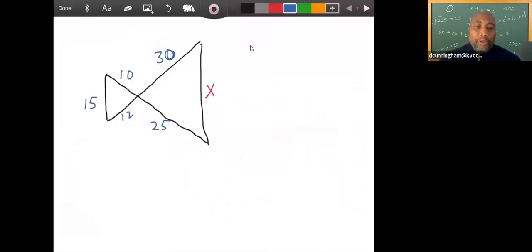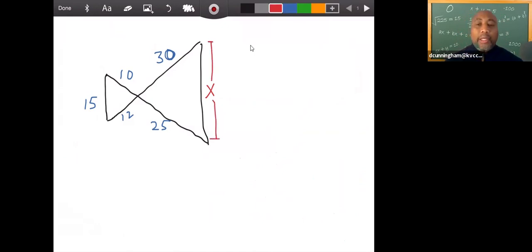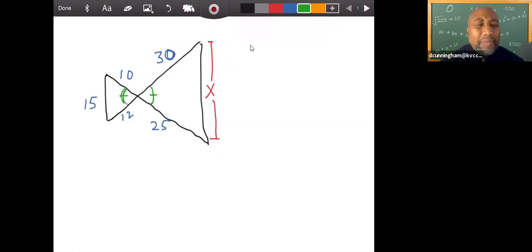So here's our figure on the whiteboard. These are our numbers, and what's in red, what we want to find, is our X, the length from here to here. First we've got to see how these are similar figures. One of the things I've noticed is that we have vertical angles. So this angle is equal to that angle. That's corresponding to that angle.